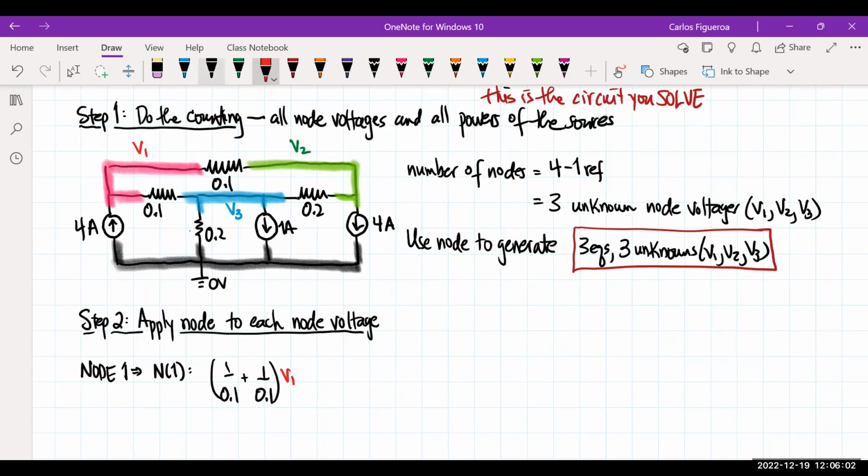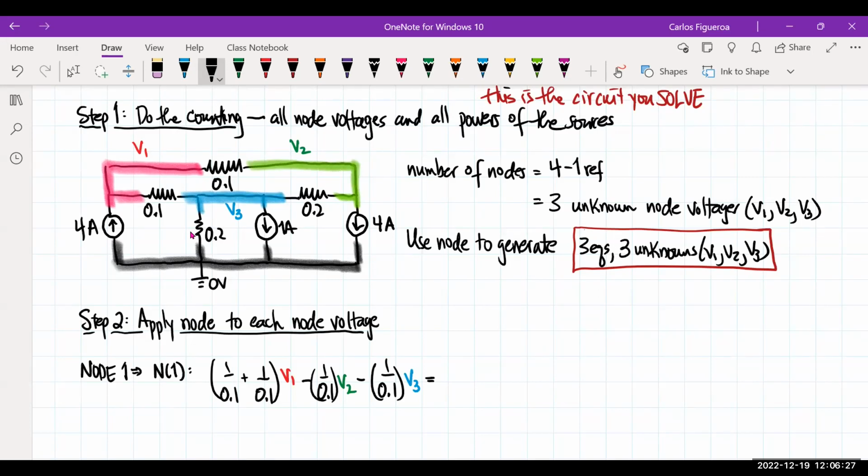So this will be 0.1, and that's going to be V2. And then I get 0.1, and that's going to be V3. So I write V2, I write V3, and I subtract that.